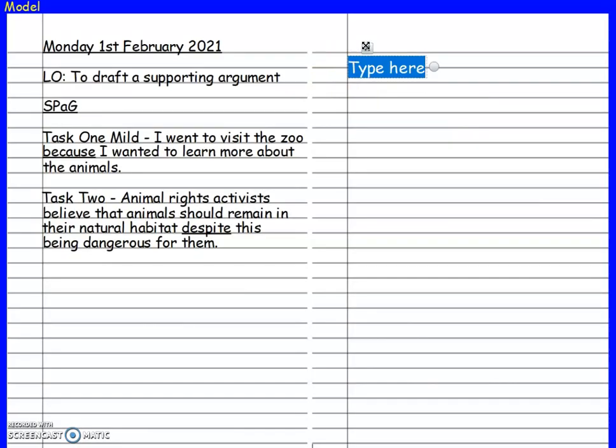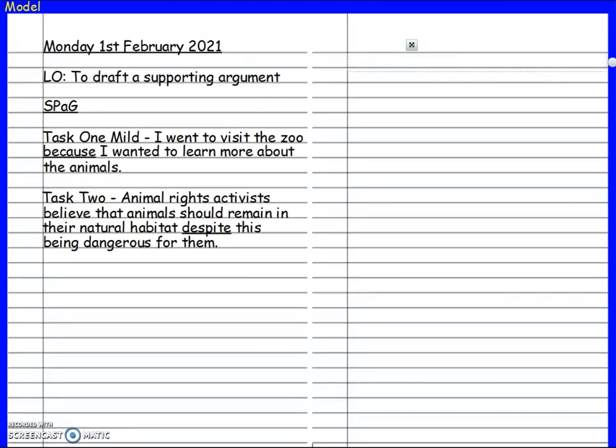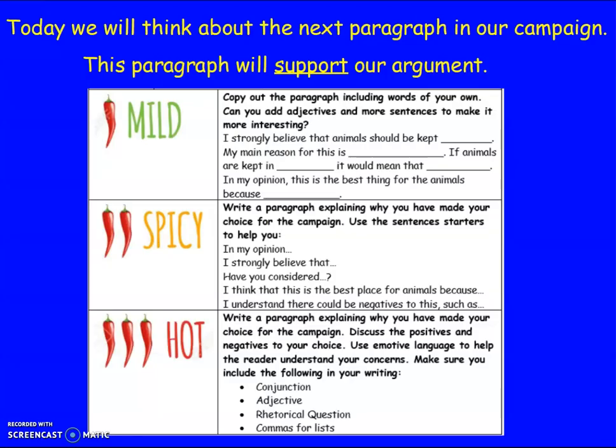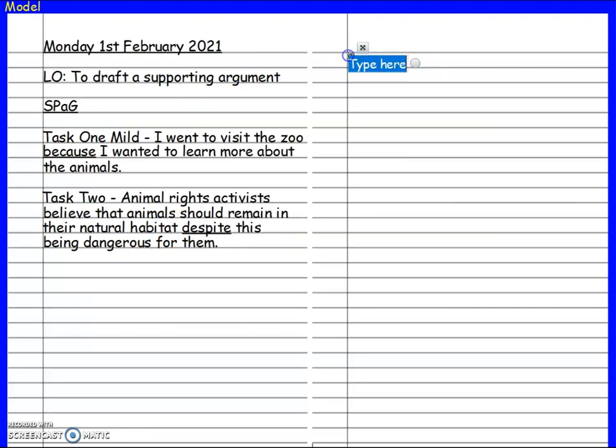Okay, so you're going to start up here on your next page in your literacy book. Okay, so I'm just going to have a look back at the first sentence starter for spicy. So, "In my opinion," is my sentence starter to start off. In my opinion. So that's telling the reader what your opinion is.